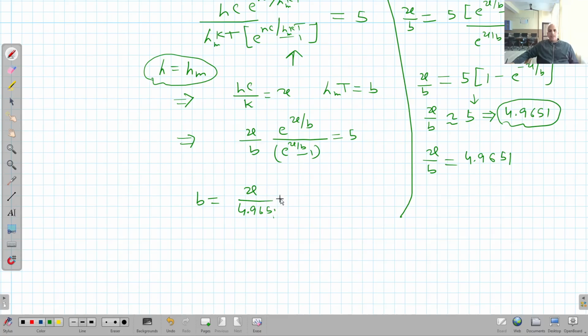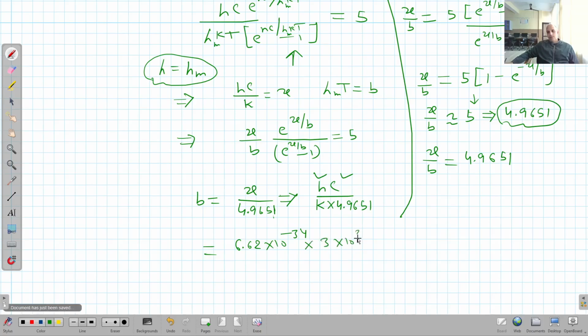Now what was x? x was hc upon k. So I'm going to put the value of x, hc upon k, into 4.9651. I put the value of hc, that is 6.62 into 10 raised to power minus 34 joule second into 3 into 10 raised to power 8 meter per second, divided by k.